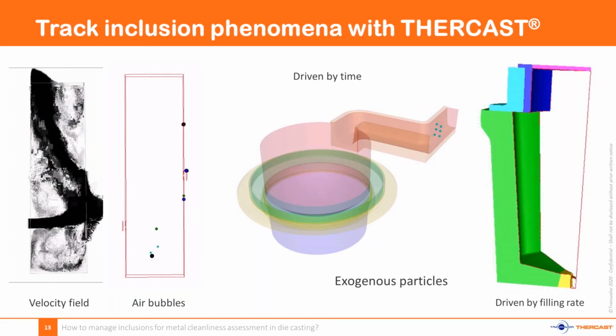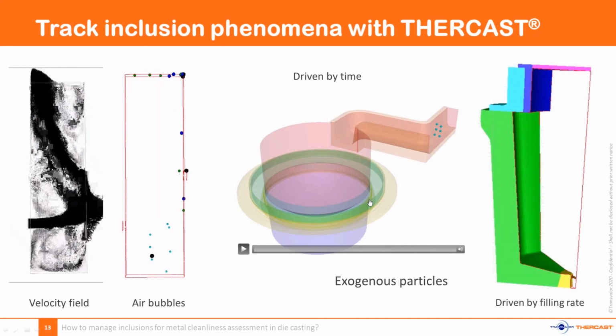You can see that the behavior of each bubble is different depending on its size and the time it is released. The big bubbles are going almost straight to the top of the cavity, and medium and smaller bubbles are more or less entrapped into the fluid flow, which is quite expected.